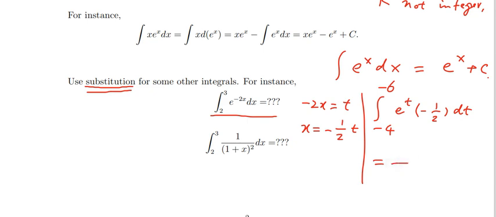So this becomes negative half, right? But if we change the order of upper bound and lower bound, then this is also a negative. So this becomes -6 to -4, t dt, right?